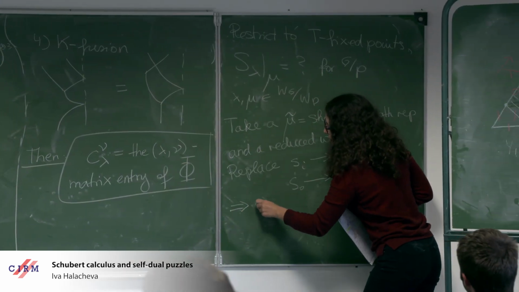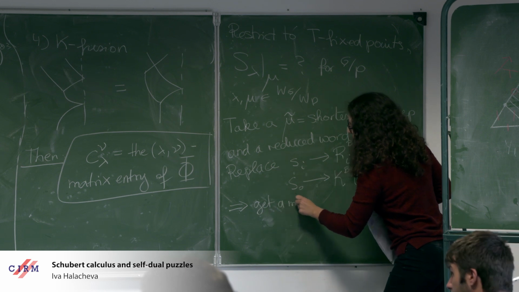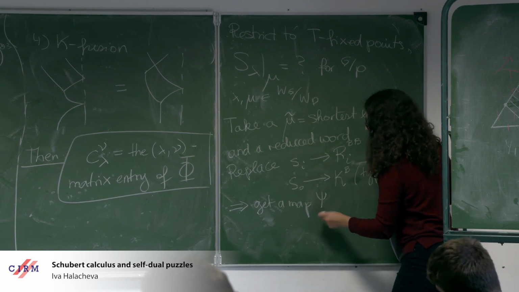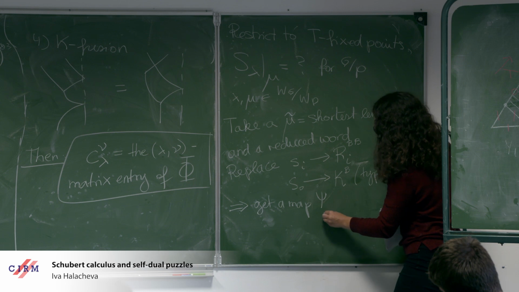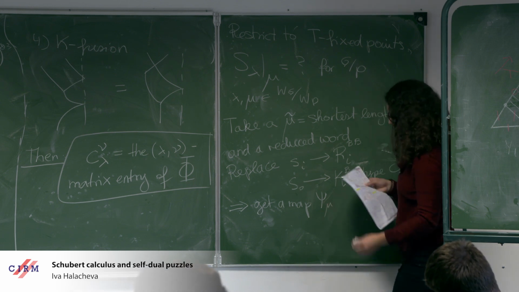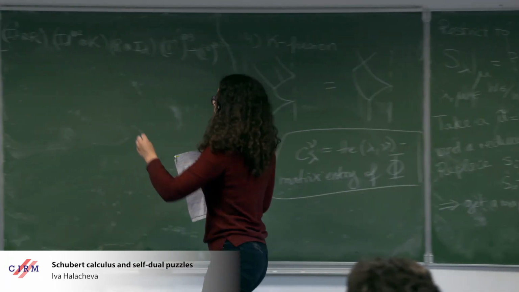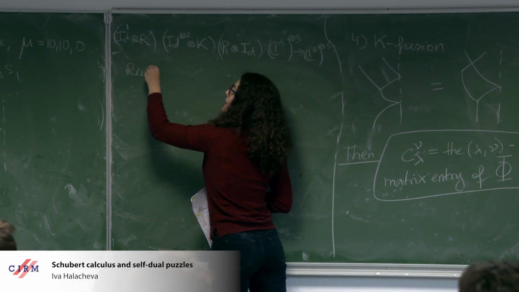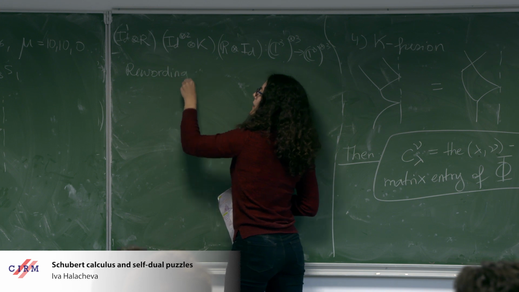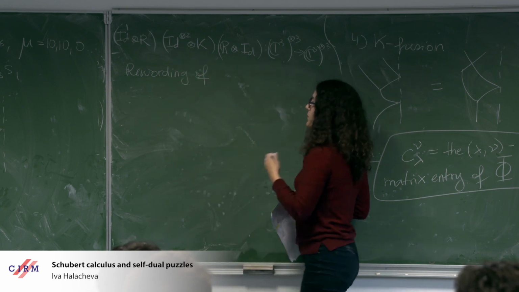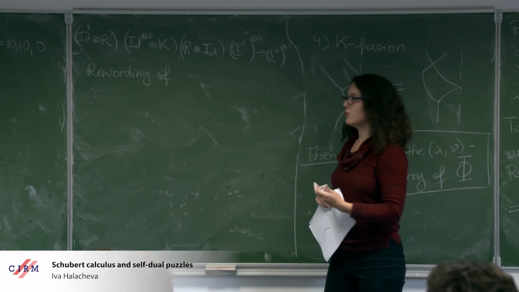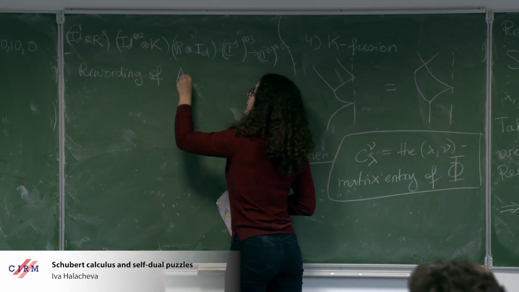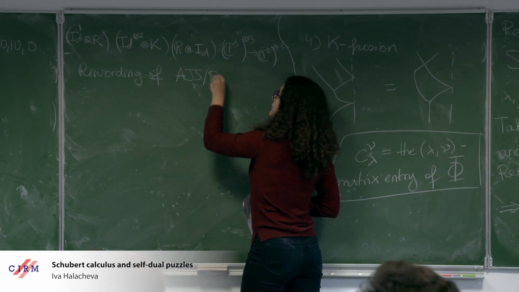So maybe I'll say we get a map psi, which involved the choice for mu. And so this is now a rewording of the Anderson-Jantzen-Soergel-Billey formula for restriction to T-fixed points.